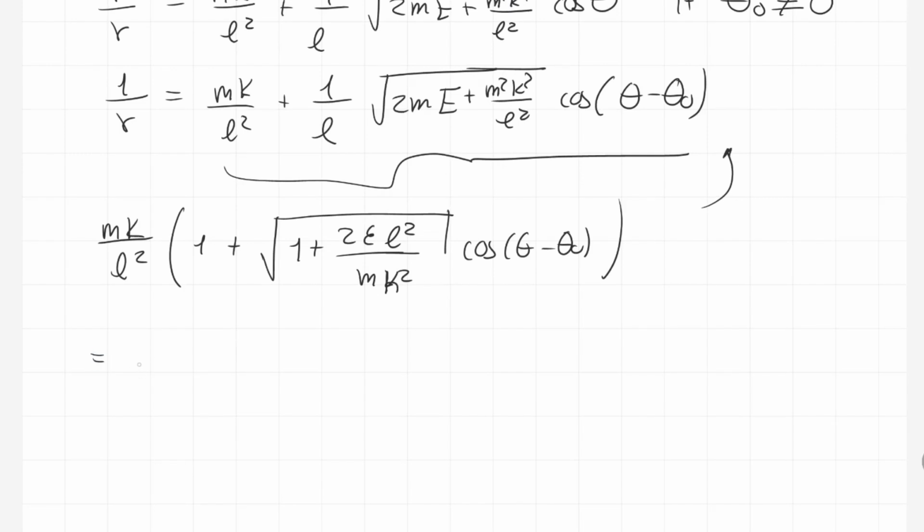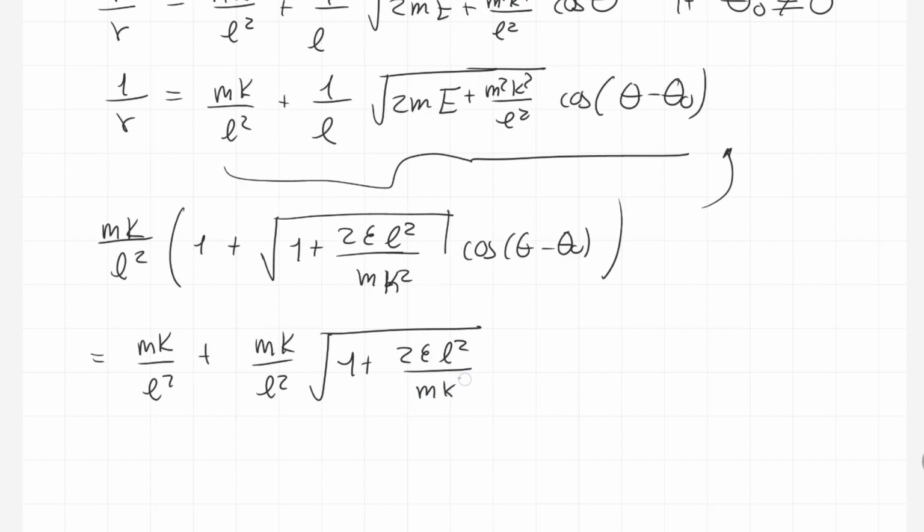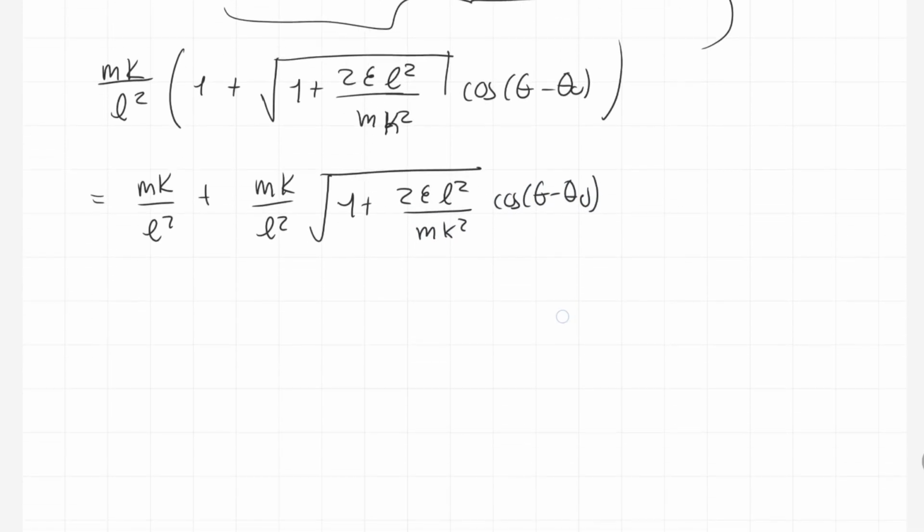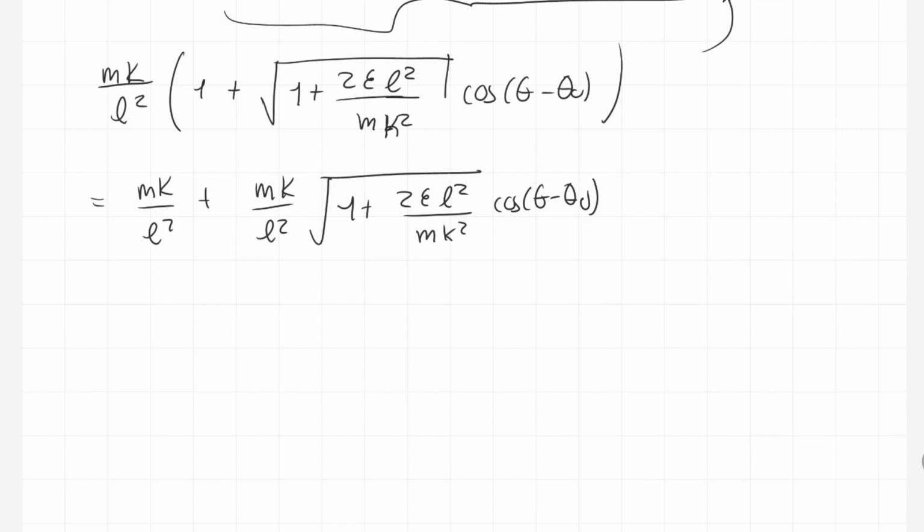Well, this is going to be mk over l squared plus mk over l squared times the square root of 1 plus 2el squared over mk squared cosine of theta minus theta 0. Okay, but to plug this expression in here, we can just raise to the second power and then take the square root.